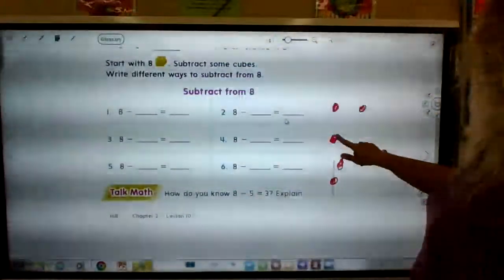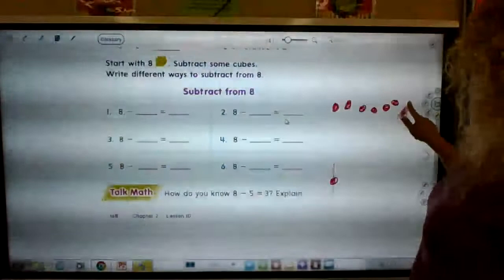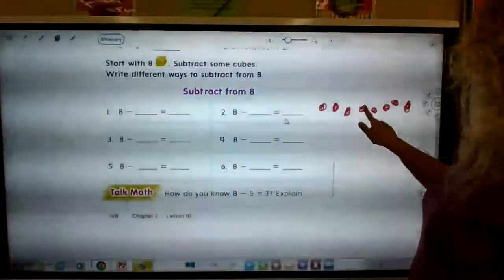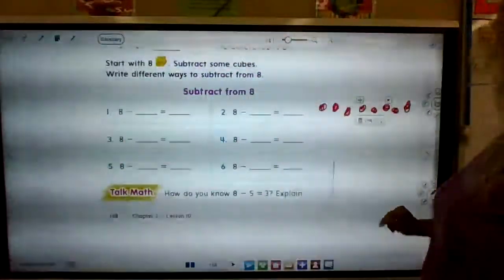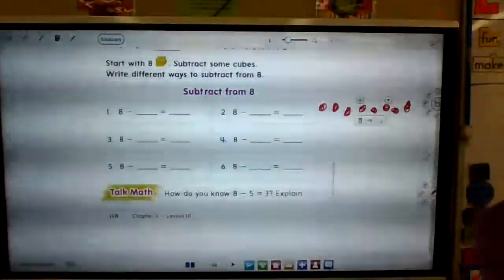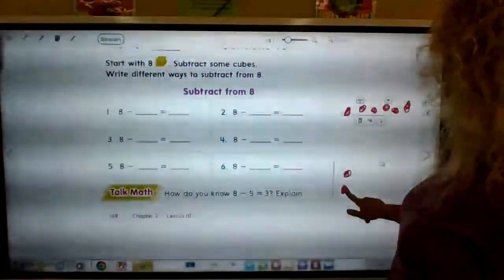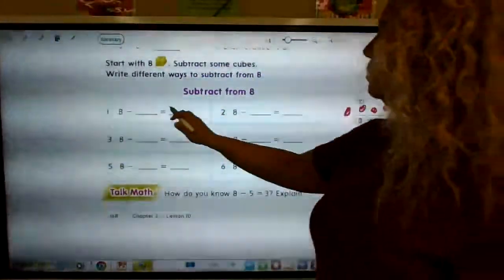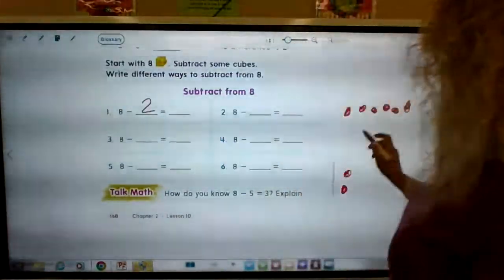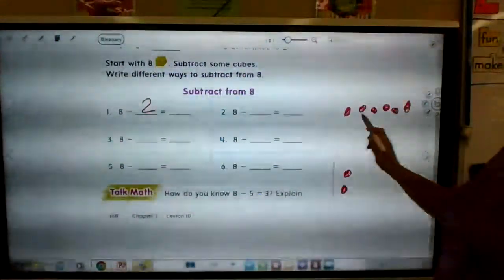So in my class, I just had the kids line up the counters. So we have 8 counters. And then just do different ways to take away. So if I have 8 counters and I want to take away 2, then let's see how many I have left. 1, 2, 3, 4, 5, 6.